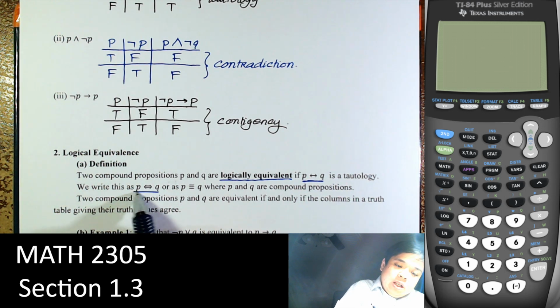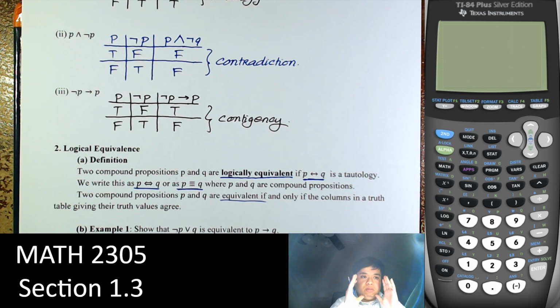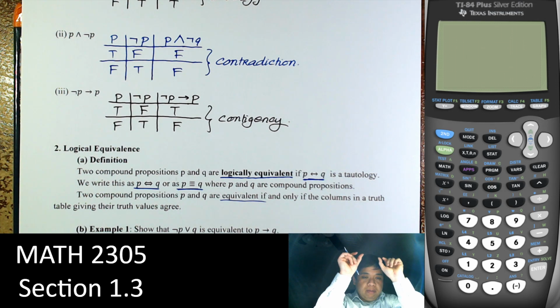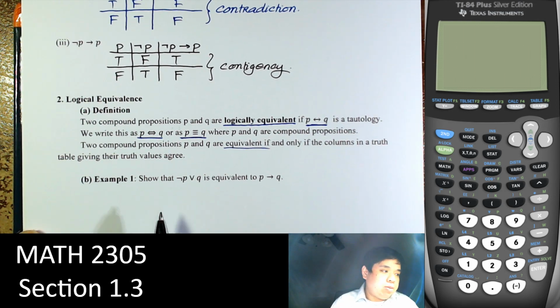We can use this simple test: if the columns in the truth table give the same two values, they agree. So the two statements are equivalent if on the truth table they have matching true and false values.